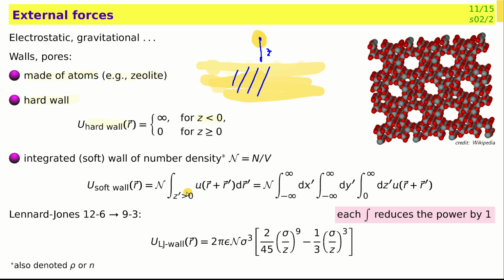We need 3 integrations here. 2 are from -infinity to +infinity. These are x and y, and the third one is only from 0 to infinity, and we'll get such a potential. It looks like here it would be better to write z instead of r, because it depends only on the distance, so it is the same.